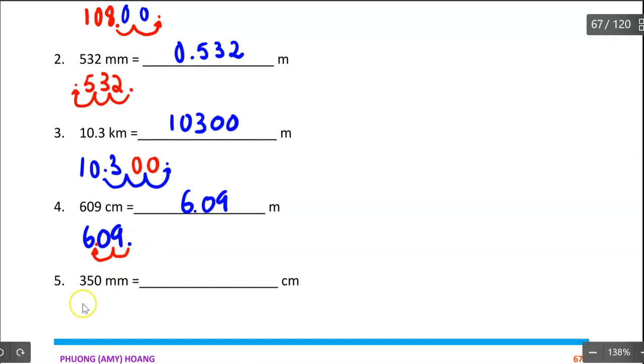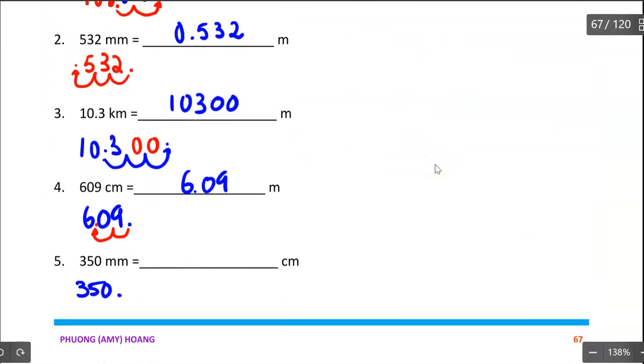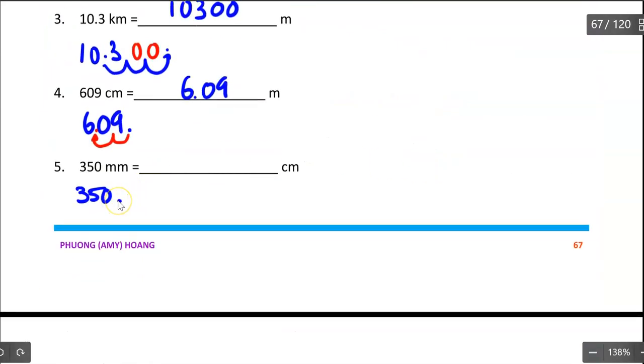Okay, so now for 350 millimeters, I am going to put 350 and the decimal point. So from millimeter, right there, I go to centimeters, so I move to the left 1 space. So I do the same thing here. I pick the decimal point and I move to the left 1 space.